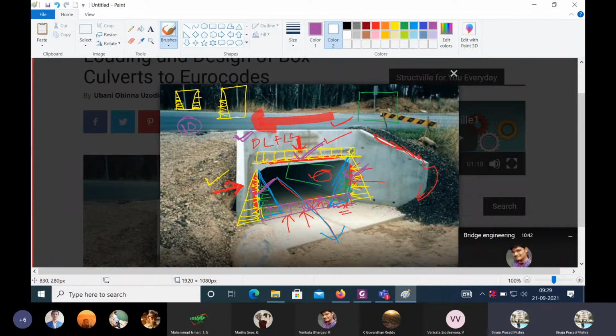Short questions will be very easy. In short questions you will get 10 marks, and in this one long question you will easily be able to fetch 10 marks, that is for sure. Nobody can deny these marks. If you learn this design of the box culvert, you will get 10 marks.